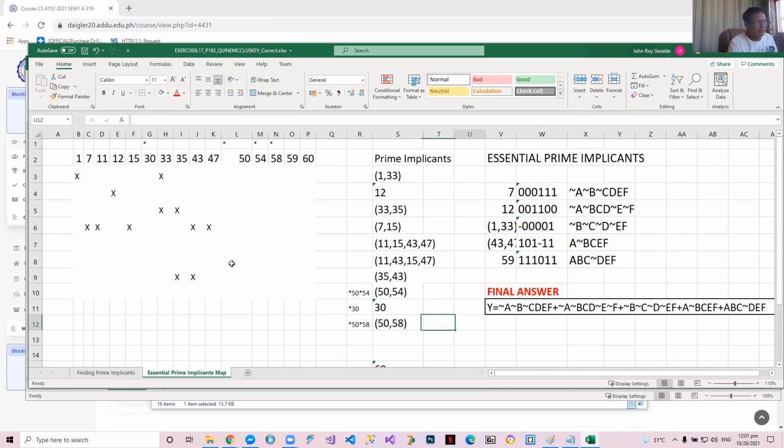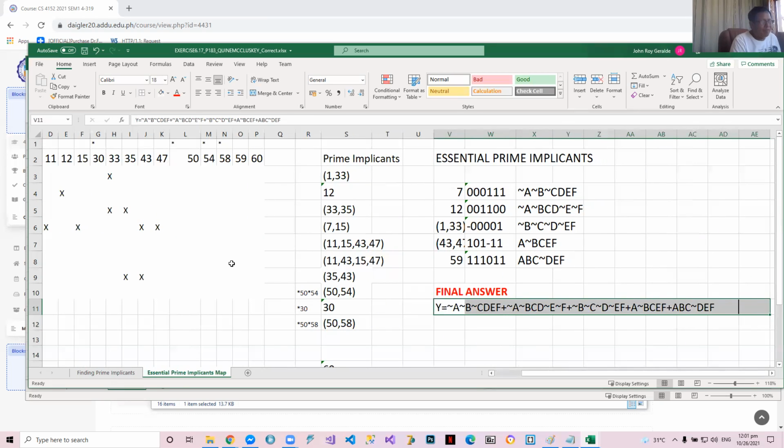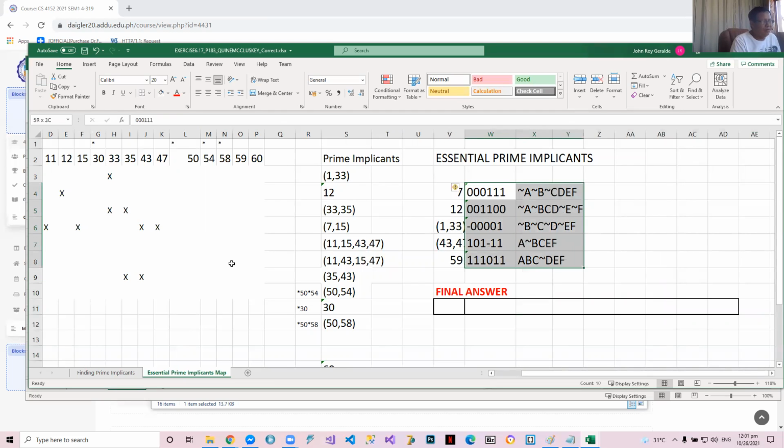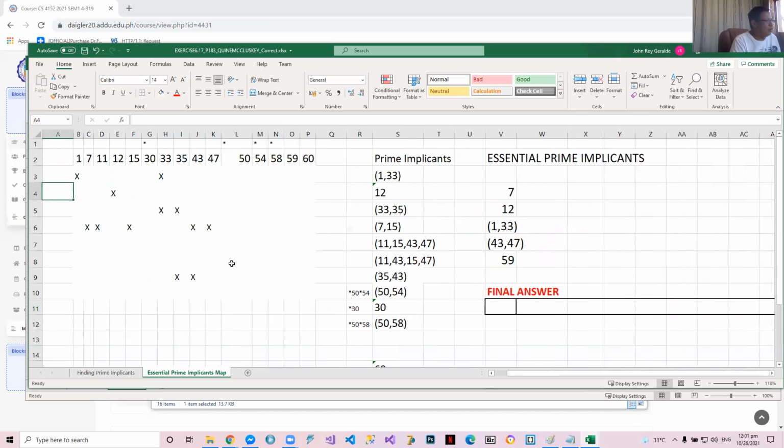Okay. Mali ito ating final answer, no? Obviously. The essential prime implicants. Okay. First, we look for columns with one X. Yung column na ito, this is 1X, right?